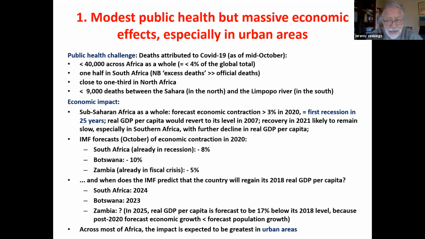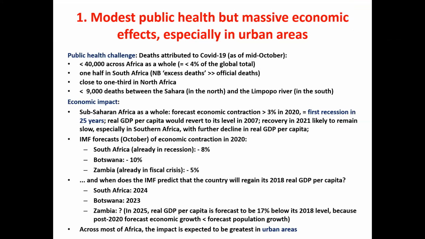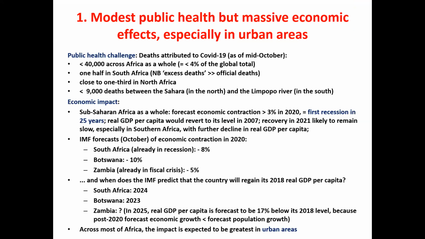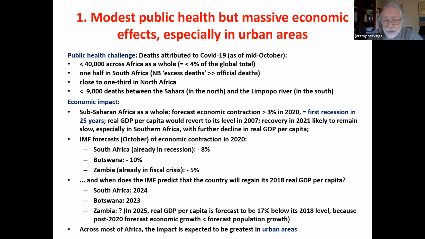So if you look at the generally accepted international data, between the Limpopo and the Sahara, less than 9,000 COVID-related deaths have been recorded. Even if that's an underestimate, it's still obviously a much smaller number than many other parts of the world.